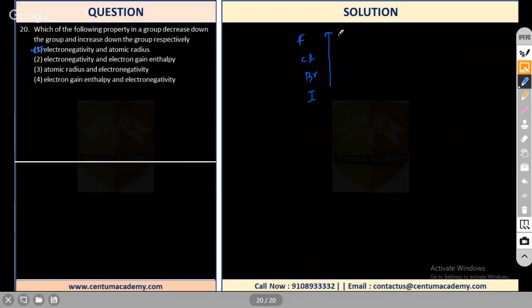Fluorine is the most electronegative element, right? And the atomic radius of iodine is more than that of all other elements in the same group. So down the group, atomic radius increases and electronegativity decreases. So what decreases down the group is electronegativity, and what increases down the group is atomic size or atomic radius.